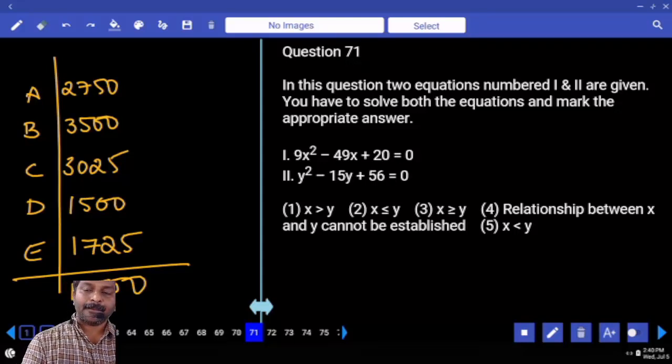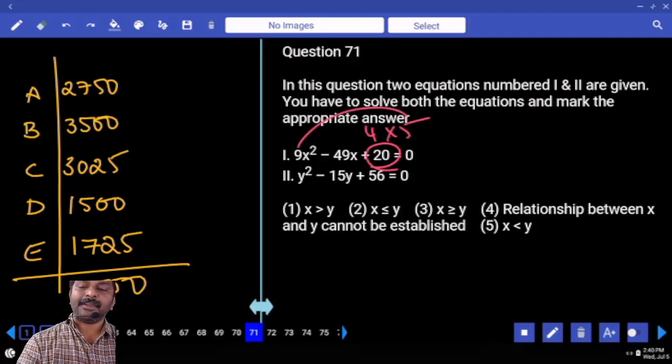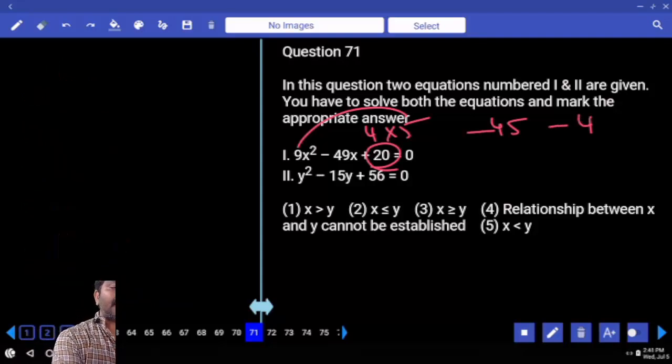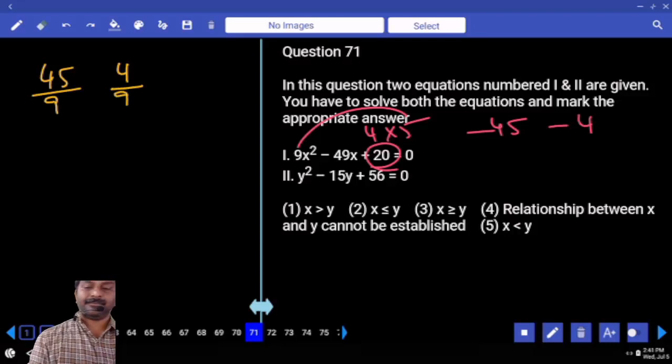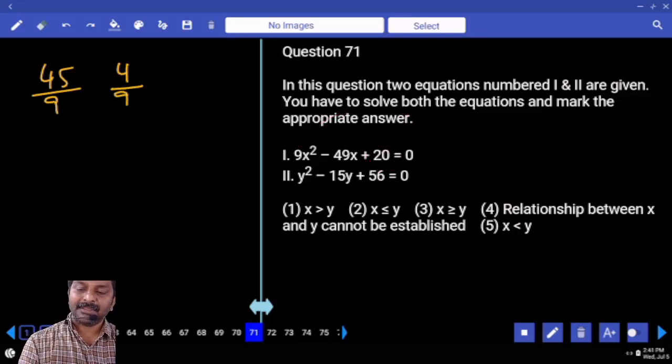Yes, 20 can be written as 4 into 5, right? 9 into 5. Other number, combination minus 45 minus 4. Factors are plus 45 plus 4. That's it. By coefficient of x square. 56 can be written as 7 into 8.